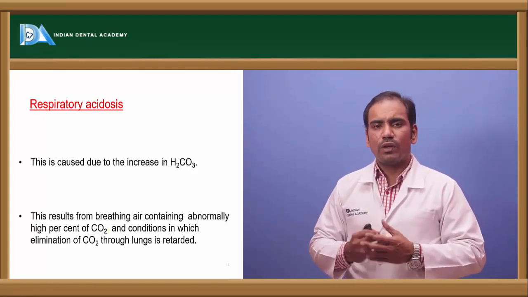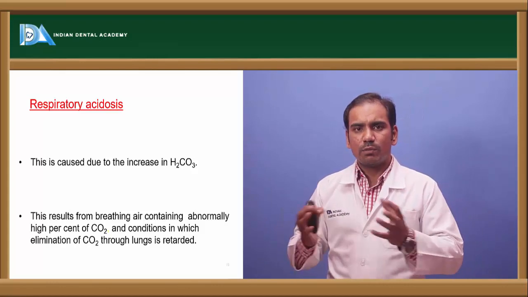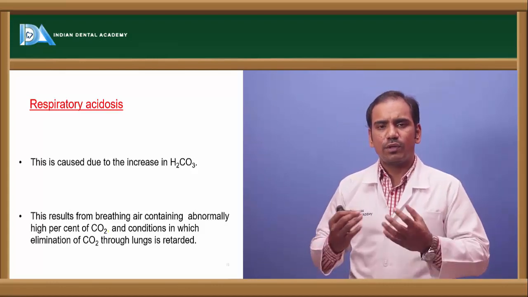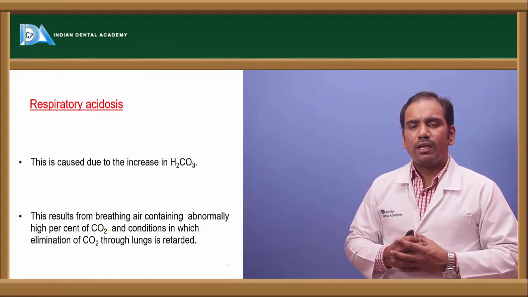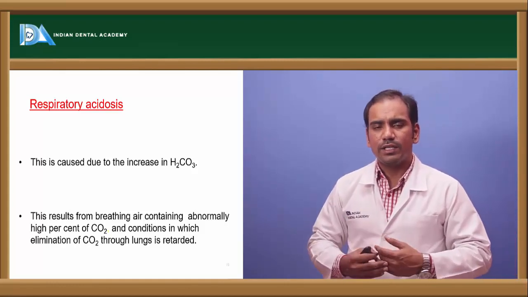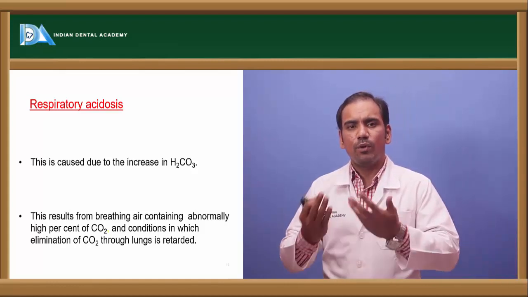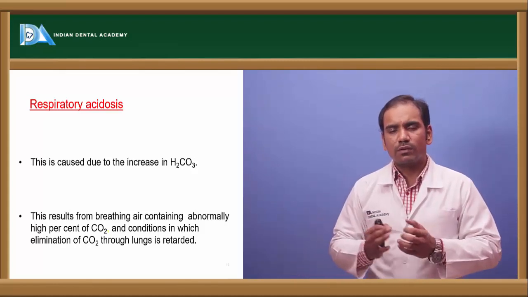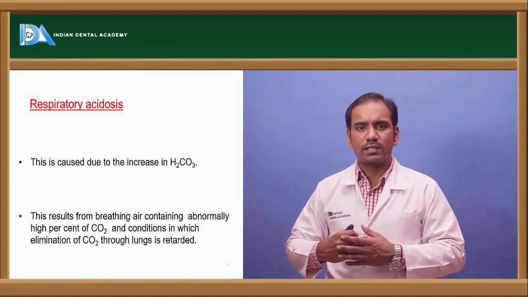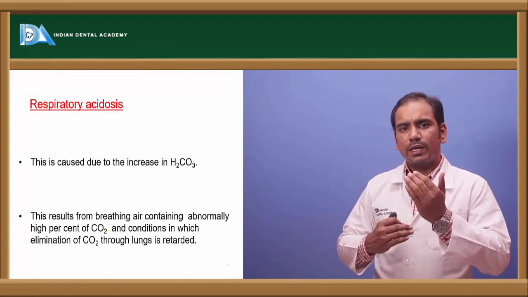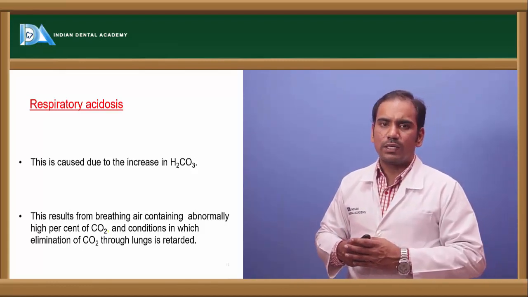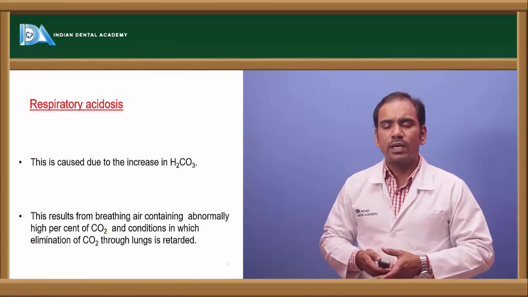Whenever we are living in an atmosphere where there is an excess amount of carbon dioxide, and the other reason is whenever there is difficulty in the elimination of carbon dioxide from the body, these two conditions lead to an increased amount of carbonic acid in the blood. Whenever carbonic acid is more in the blood, the pH of blood falls. That condition is called respiratory acidosis.